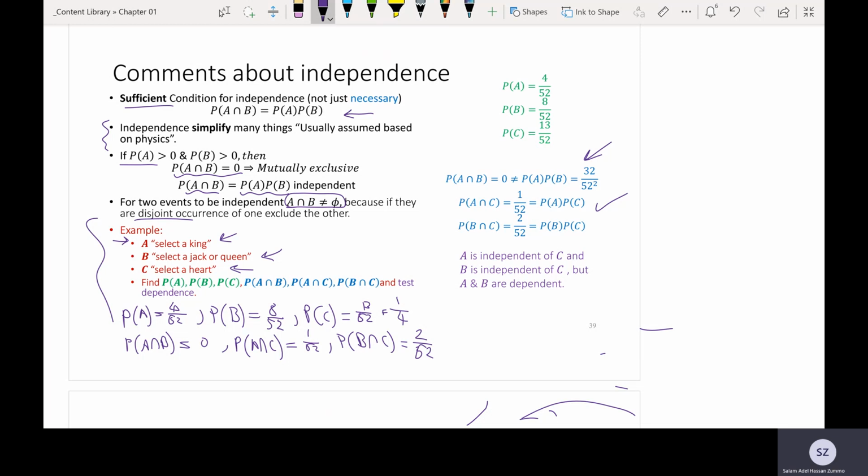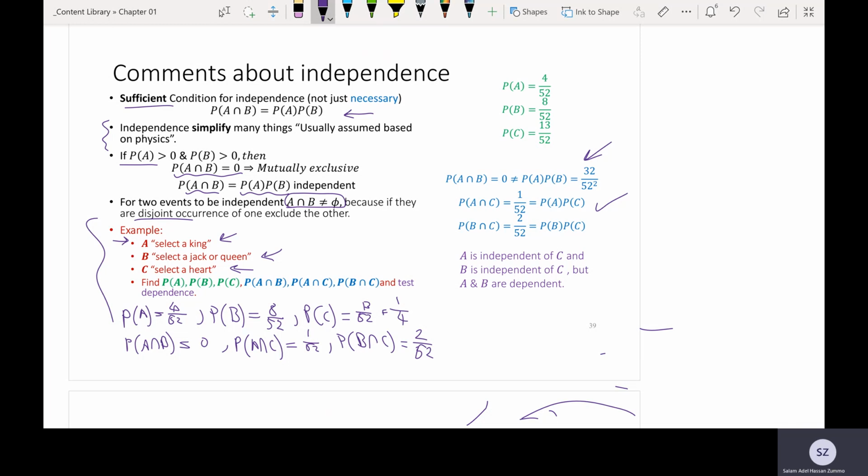From the concept point of view, as we mentioned before, selecting a king doesn't change the probability of whether it's a heart or not. Among the four kings, one of them is a heart, right? So the probability of selecting the heart, given that it's a king, is still 1 over 4, which is the same as selecting a heart to start with. So being a king doesn't change the probability of having a heart.